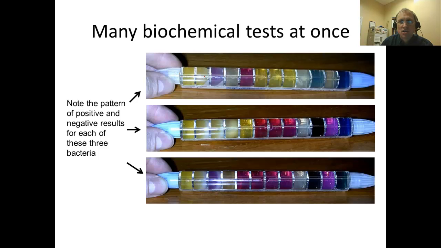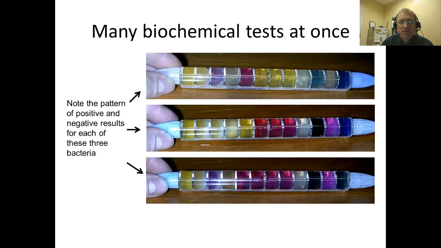Each of these sections represents a different biochemical test, and the scientist has inoculated each of these chambers all at one time. Then the Enterotube is incubated for a period of time, and each of these little sections is read as either a positive or a negative result. We can see that these three different Enterotubes with three different microorganisms can give a different pattern of results.